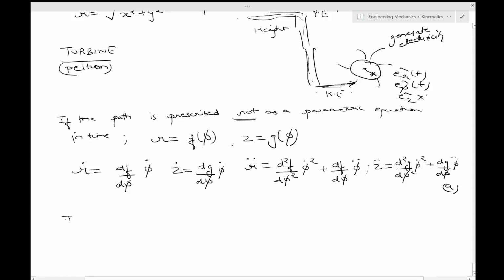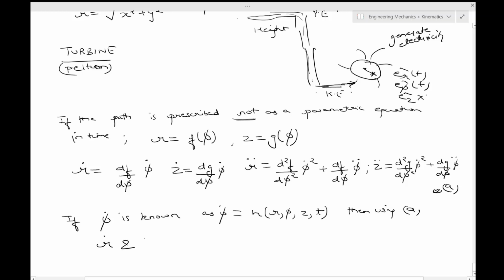So if phi dot is known, say phi dot is equal to h of r, phi, z, t, then using this equation, r dot and z dot are obtained first.